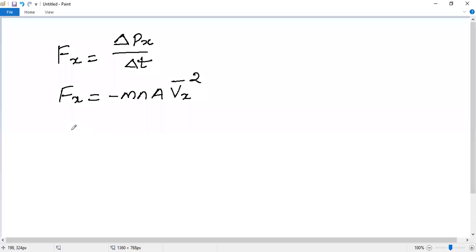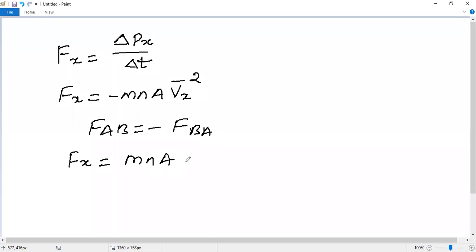Now I apply Newton's third law also. It is rebouncing, no? So by Newton's third law, F AB equals minus F BA. The particle gets rebounded also. Then Fx equals minus into minus, plus m n A v x bar square.